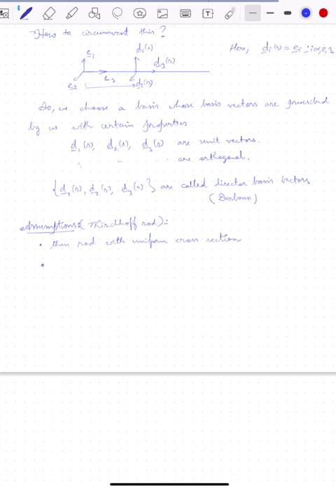And the second assumption is that it's intrinsically straight and untwisted.